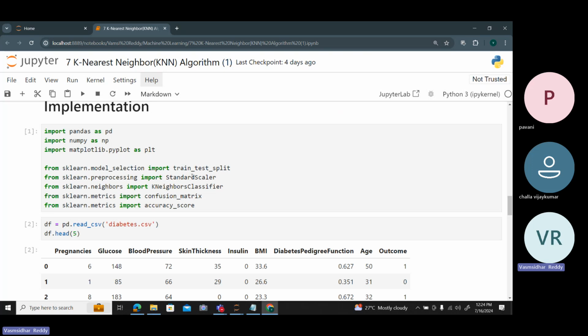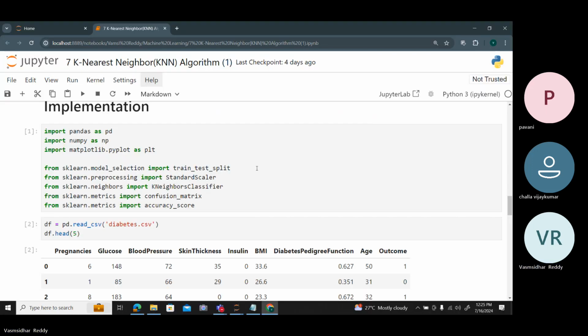If you want to import K nearest neighbor, you need to import from sklearn.neighbors import KNeighborsClassifier. If you import like this, we are working on K nearest classification.